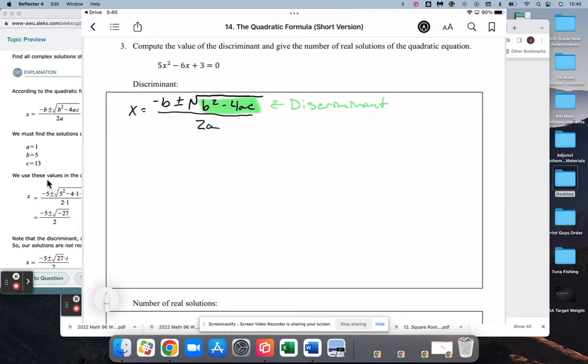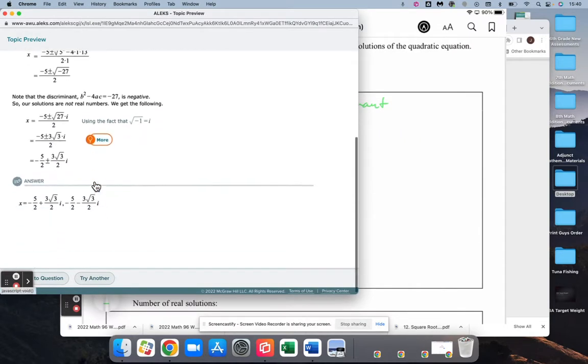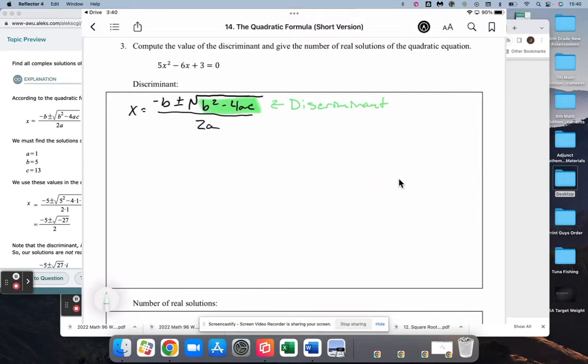And there's a trick that if the discriminant is larger than 0, let's do this. If the discriminant is greater than 0, you will have 2 solutions.